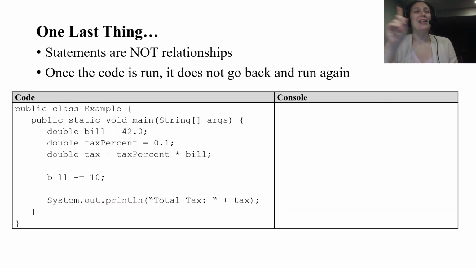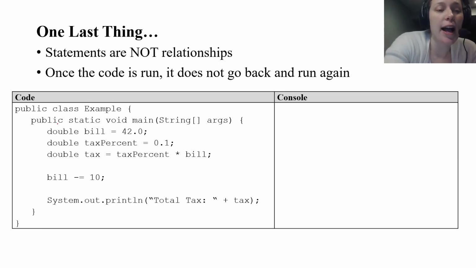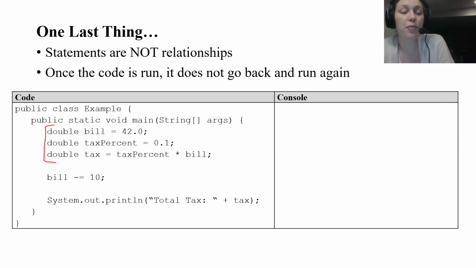Okay, finally, one last thing. Statements are not relationships. Okay? Once the code is run, it does not go back and run again. Okay? This is a very important idea here. So we're going to trace through this short piece of code here, this example. So I have three variables here.